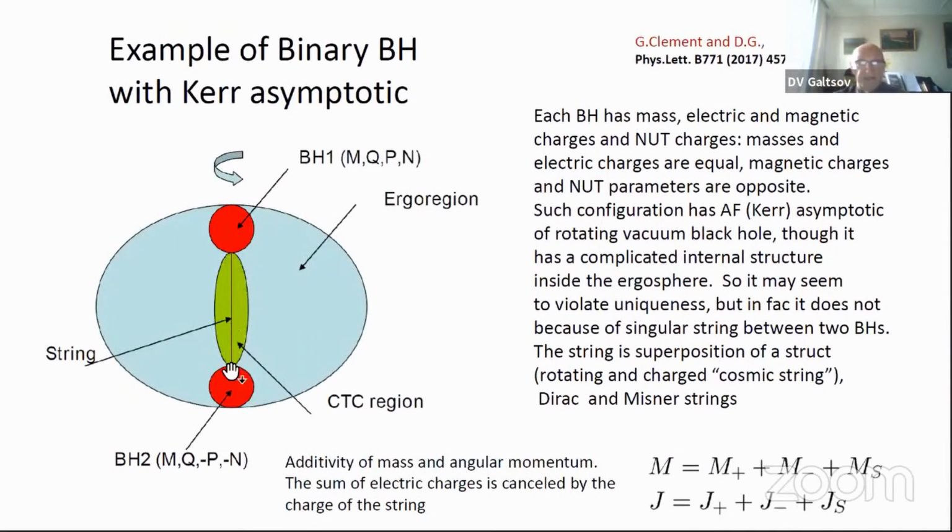It is nothing but the distributional singularity of cosmic string nature, which is at the same time a Dirac string and Misner string. And using this formula, you can establish that the full mass consists of masses of black holes and the mass of the string, and the same for momentum. So it perfectly well works.